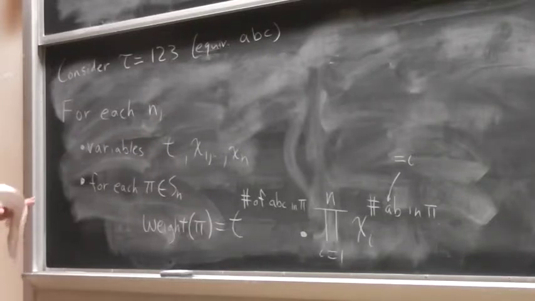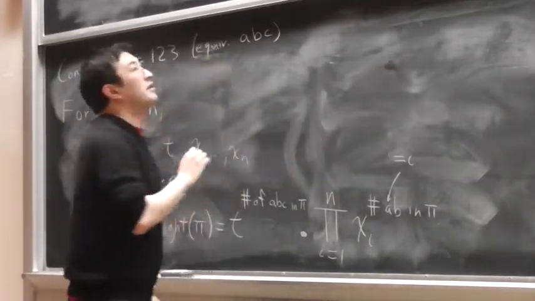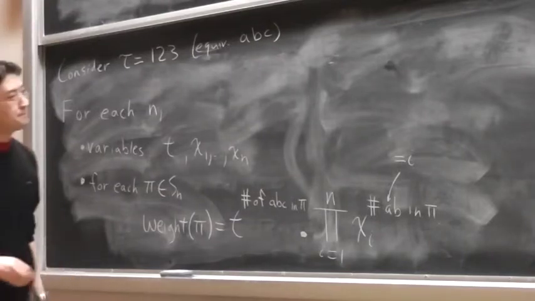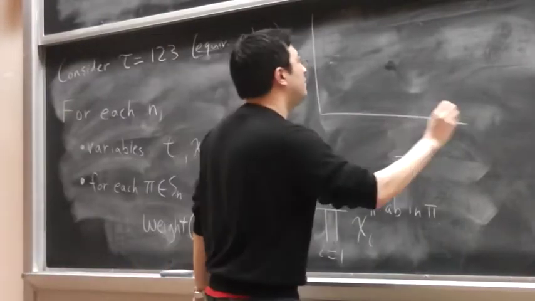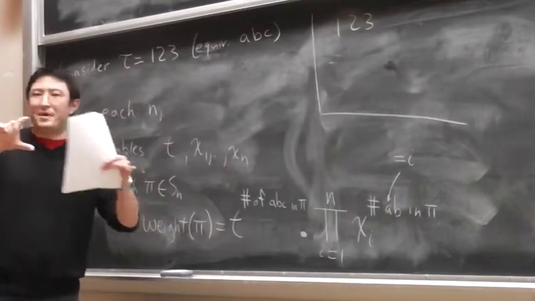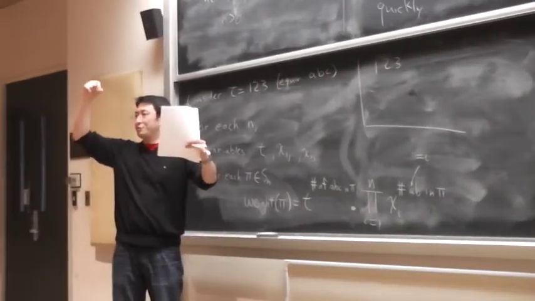And the general direction I'm going is that, to keep track of the number of occurrences of 1, 2, 3 patterns, I'm going to imagine I have a permutation, and then I'm going to insert a new term at the beginning.